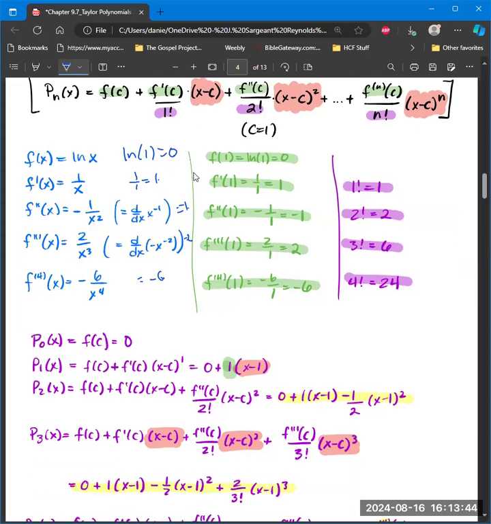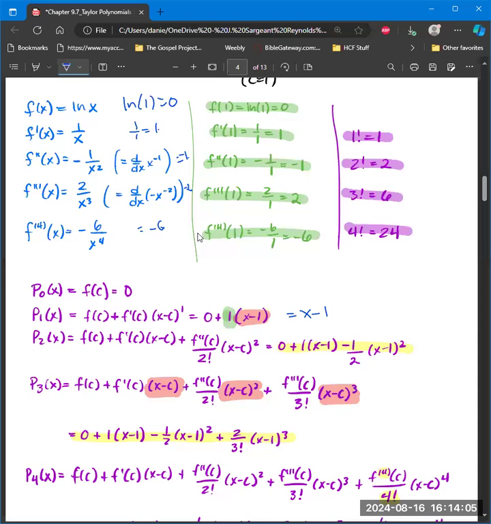So P0 is going to be f of c, which is going to be 0, and then P1 is going to be f of c plus f prime of c times x minus c, which is going to be 1 times x minus 1, which is x minus 1. And then 0 plus x minus 1 minus 1/2 of x minus 1 squared, and so on and so forth.